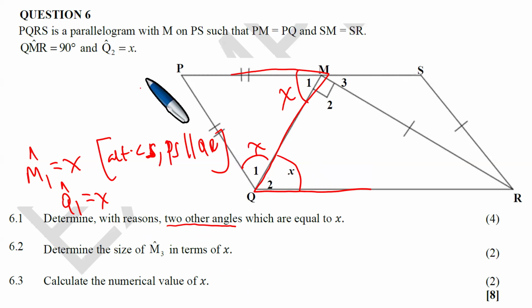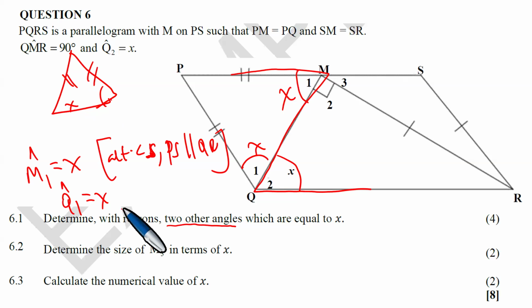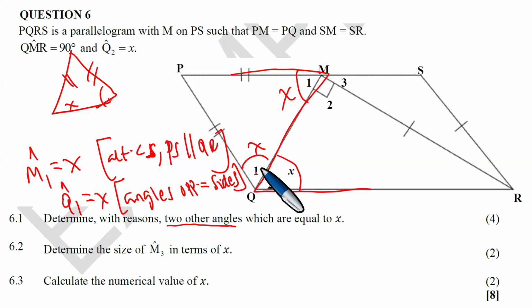Because if you have a triangle like this, where this side is equal to this, and this angle is X, it means that this angle is also X because of the isosceles triangle: angles opposite equal sides are equal to each other.